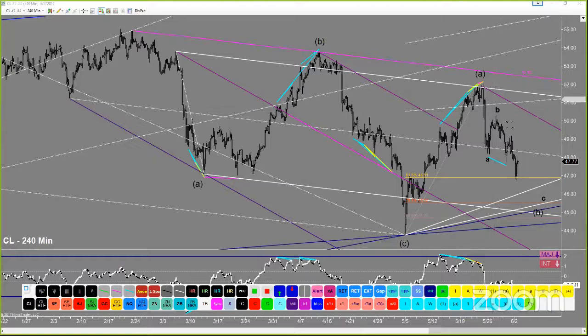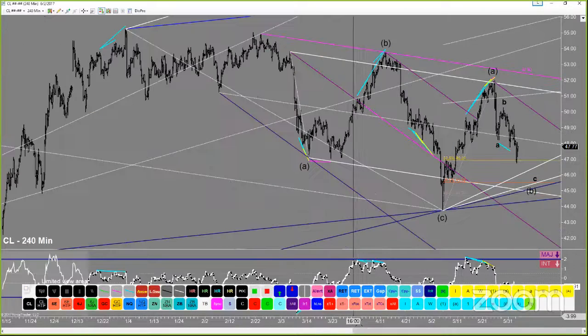So in terms of what to be looking for going into next week, we've pulled back all the way to the 61.8 of this up move. And we've actually found some resistance here and pulled up off of the lows, but really not much in terms of geometry right here.